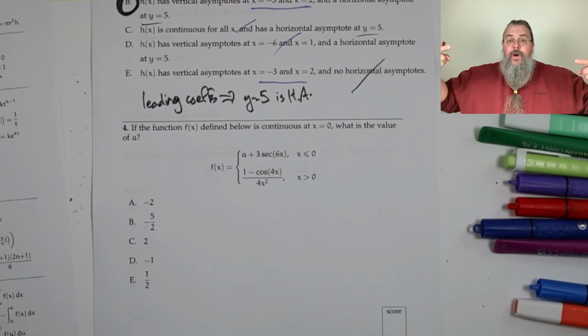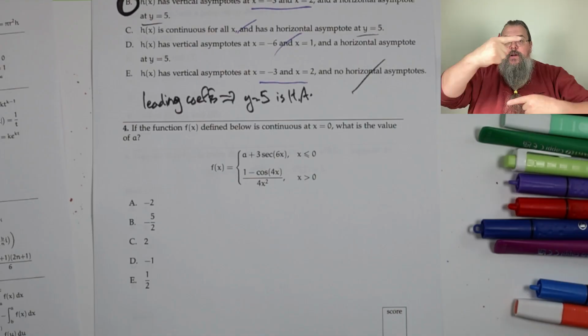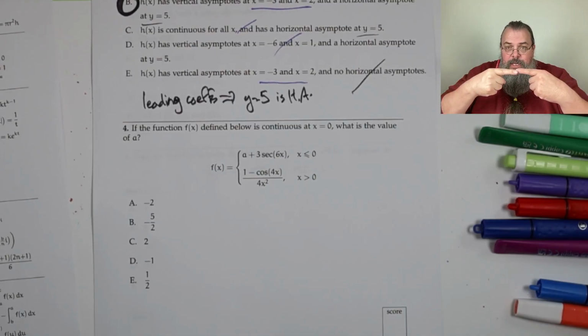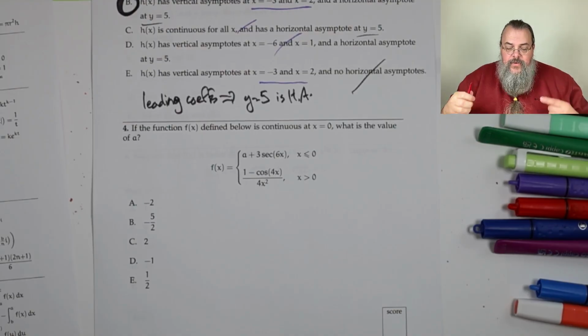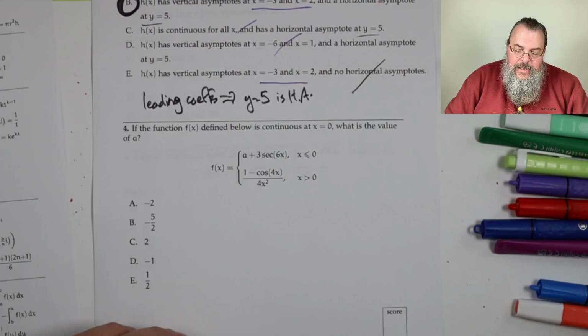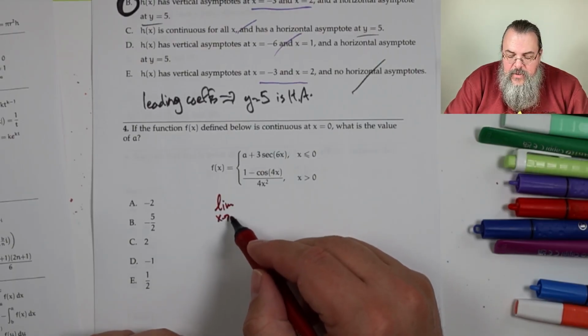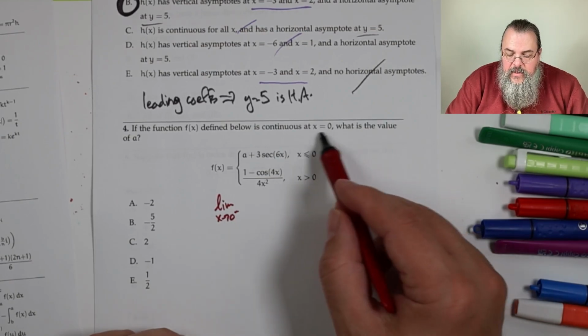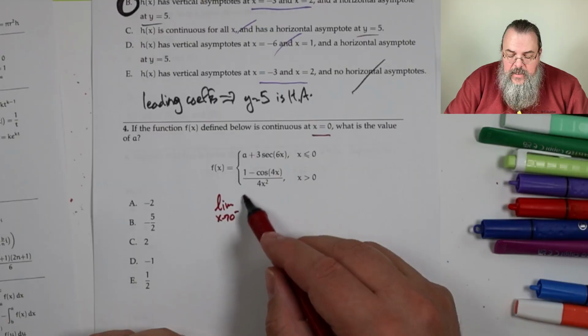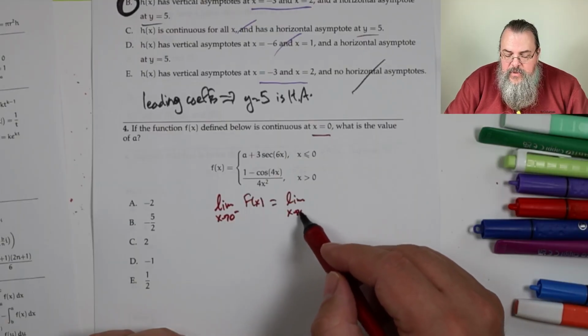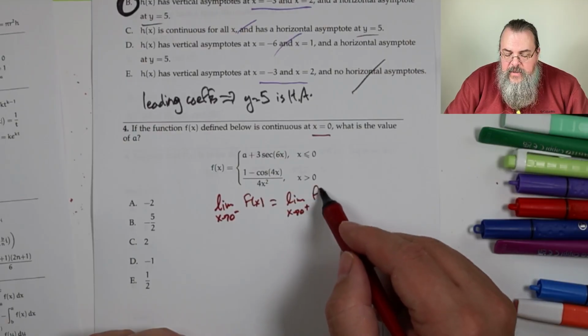It means that when we're approaching from the two sides, we want them to agree. So our goal: the limit as we approach 0, our point of interest, from below of f of x better match the limit as we approach from above of f of x.